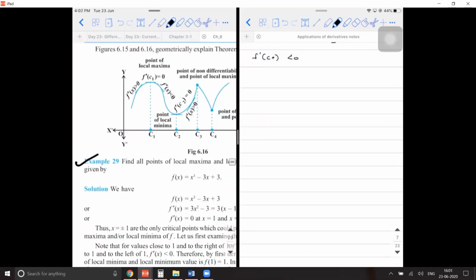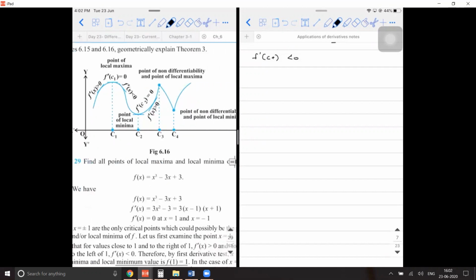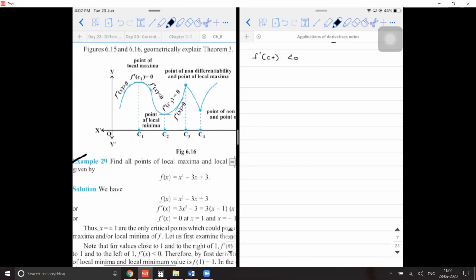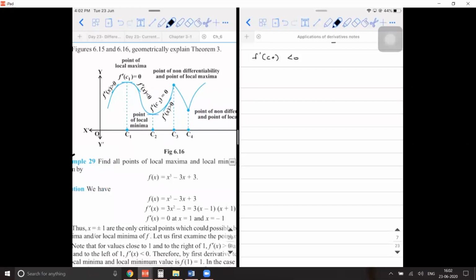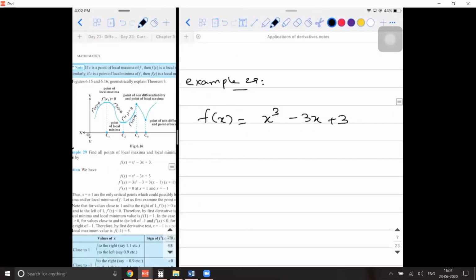Example 29: find all the points of local maxima and local minima of the function f given by f(x) = x³ − 3x + 3. Now what should I do?